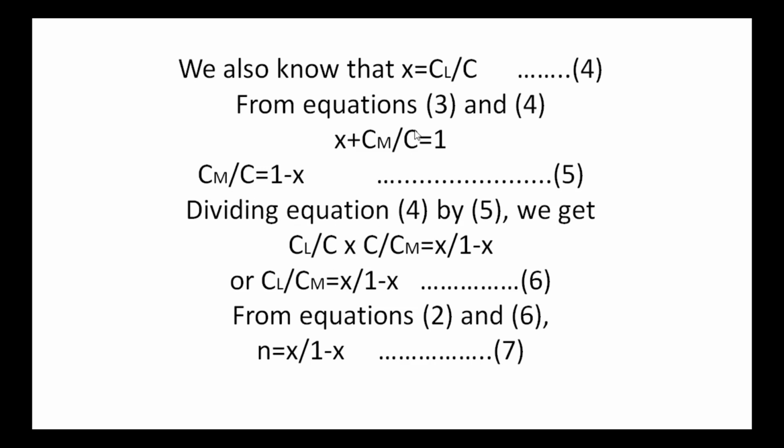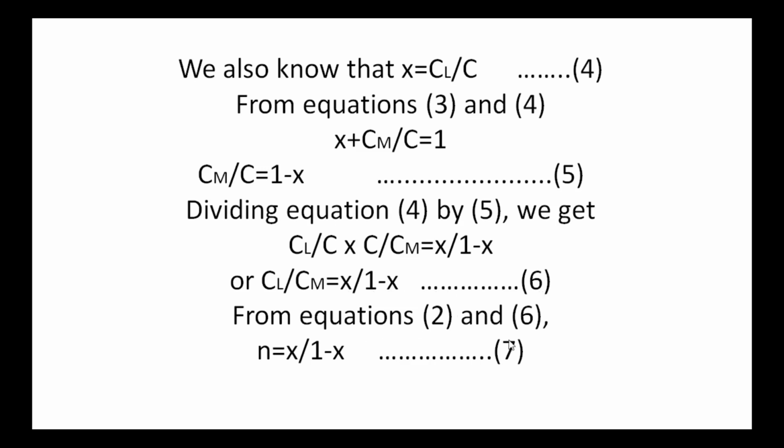So dividing Cl by C by Cm by C, it comes as Cl by C into C by Cm, is equal to x by 1 minus x, since in equation 4 x is there and in equation 5 1 minus x is there. Here C will cancel, and we get Cl by Cm is equal to x by 1 minus x. It is taken as equation number 6.